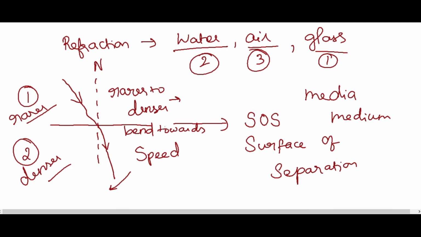Then what is the reverse story? Very simple. First we saw rarer to denser. Now you can see denser to rarer. So what will happen? Here I am drawing the normal, then the incident ray, and I am marking the angle of incidence with the arrow mark.